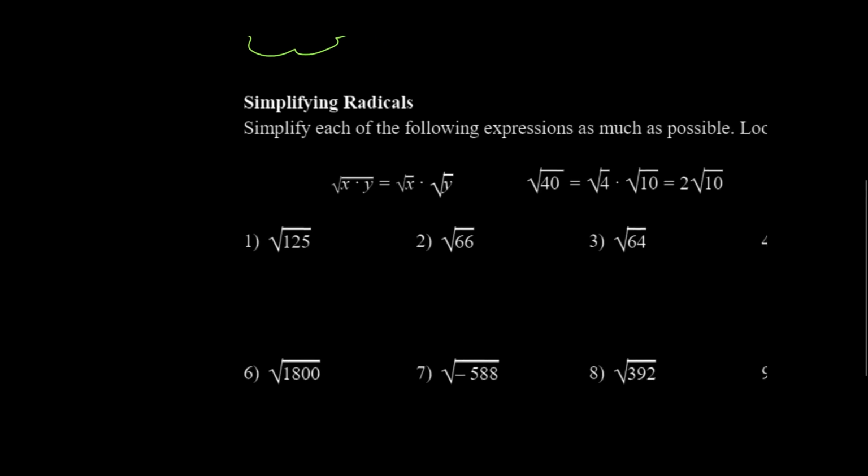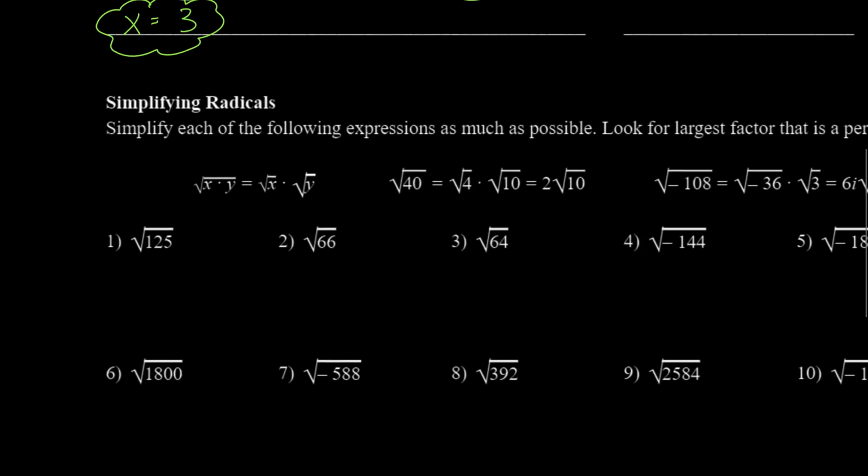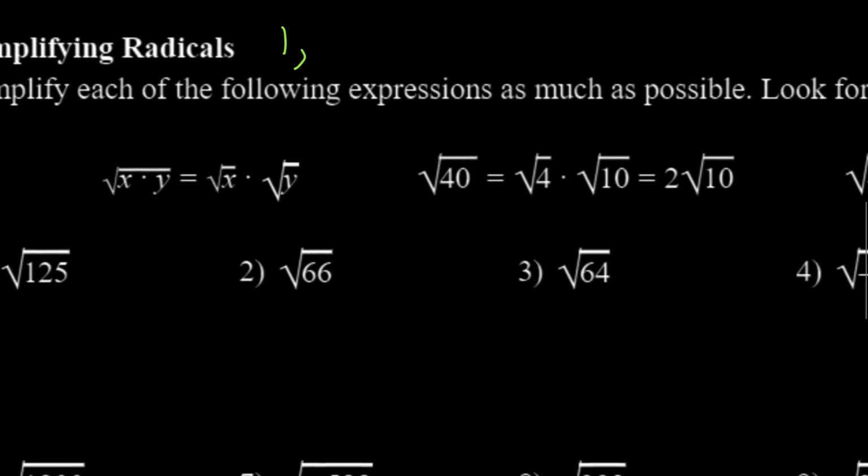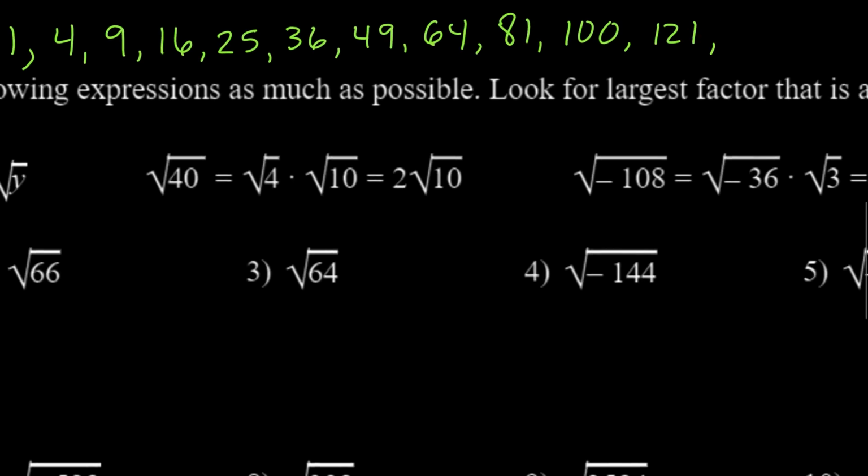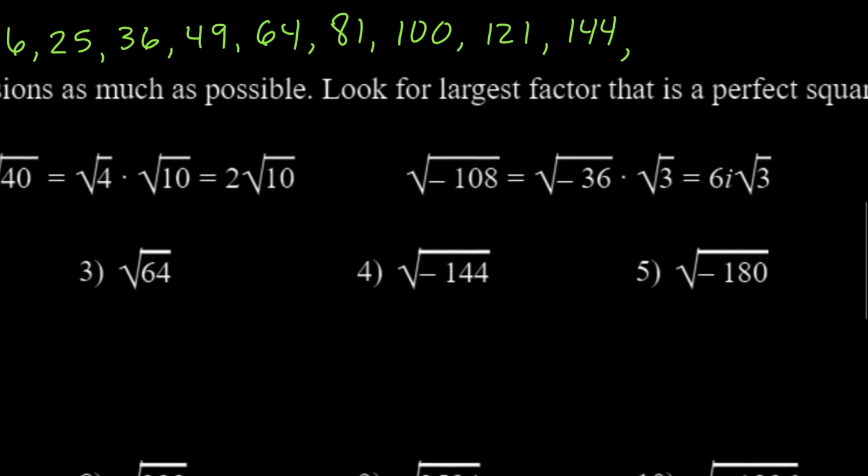Would that be helpful? What is 1 times 1? 1. So 1 is our smallest perfect square. What about 2 times 2? 4 is a perfect square. 3 times 3? 4 times 4? 5 times 5? 6 times 6? 7 times 7? 8 times 8? 9 times 9? 10 times 10? 11 times 11? 12 times 12? 13 times 13?